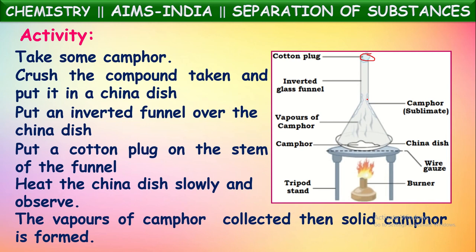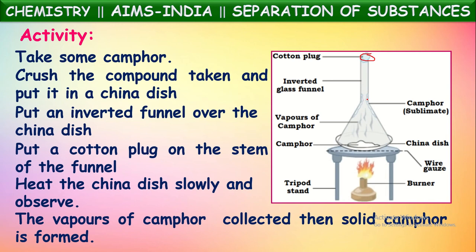This is called sublimation and deposition. First, on heating, camphor converts into vapor form. That is sublimation. And when these vapors touch the cooler parts of the funnel, they immediately convert into solid form. That is deposition. Okay, this is about sublimation.